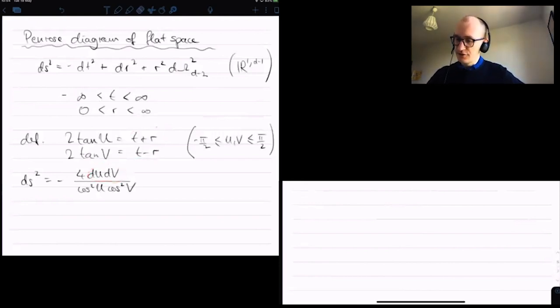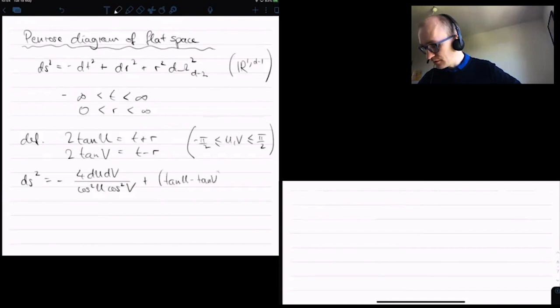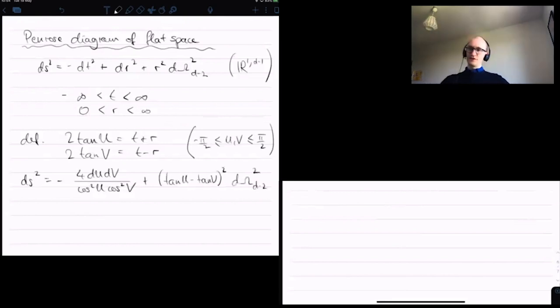And because they are also rescaled by this tan, you have some non-trivial warp factor here. And then plus, the radius is just tan u minus tan v, all squared, times the sphere dΩ_{d-2} squared. That's just, again, a simple change of coordinates.